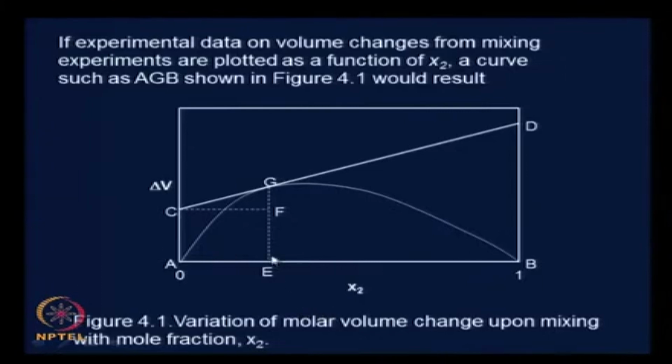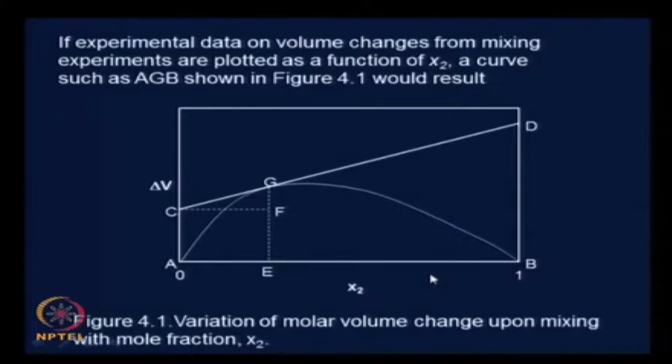This is the variation in the volume upon mixing. Take a look at this figure. C G D is the slope of this curve A G B at the point G, it is quite evident here, and also these are distances which I have indicated by dotted lines: G F, F E, C F, C A and so on.